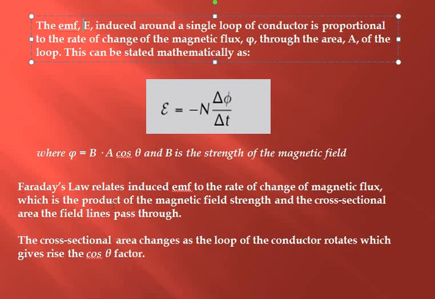Faraday's law relates induced EMF to the rate of change of magnetic flux, which is the product of the magnetic field strength and the cross-sectional area that the field lines pass through. The cross-sectional area changes as the loop of the conductor rotates, which gives rise to the cos theta factor. As I said, the cross-sectional area is not constant.